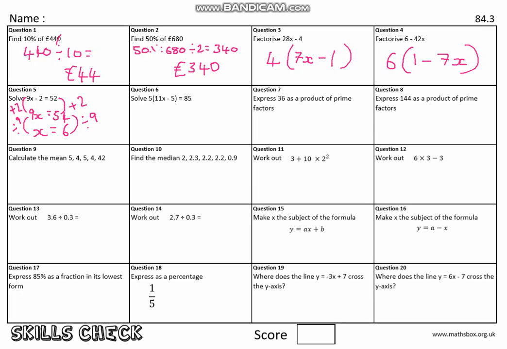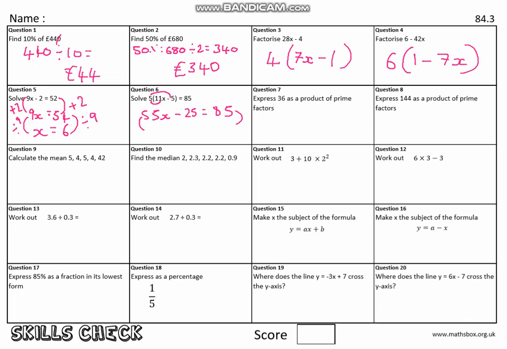Now this one has some brackets, so we're going to get rid of the brackets first. So we're going to do 5 times 11x would be 55x. And then 5 times minus 5 would be minus 25, and that would equal 85. Okay, so now I've got it looking like this. I can do my standard thing. I can get all the numbers on one side and all the x's on the other side.